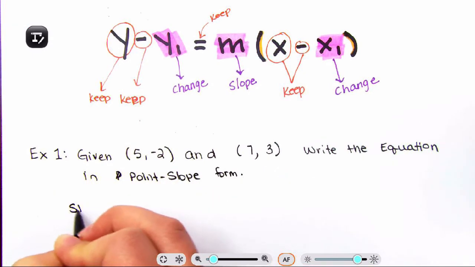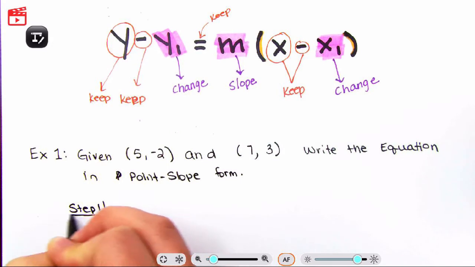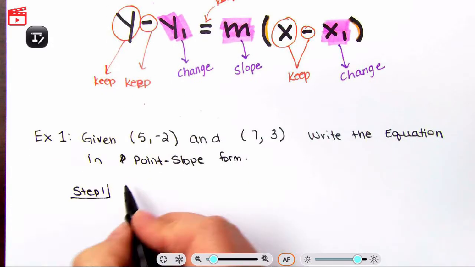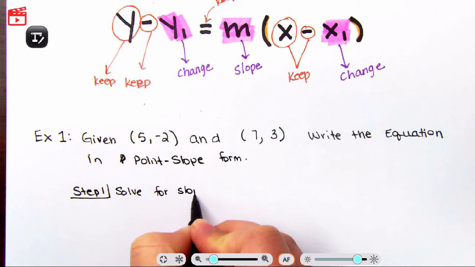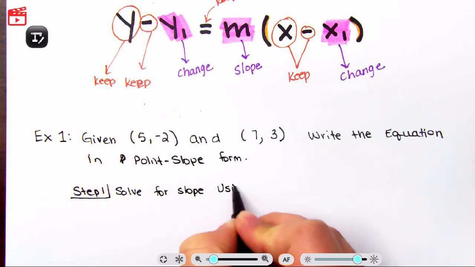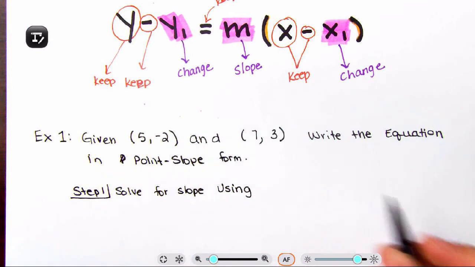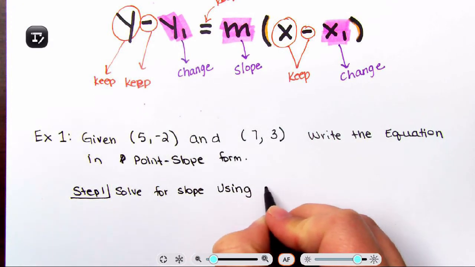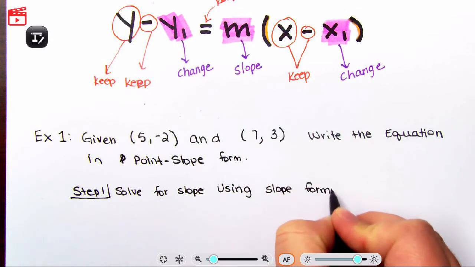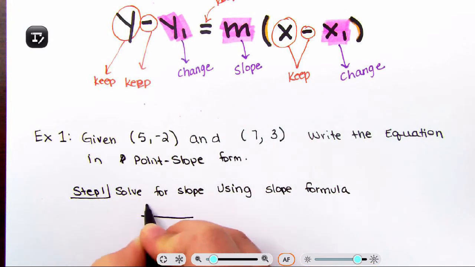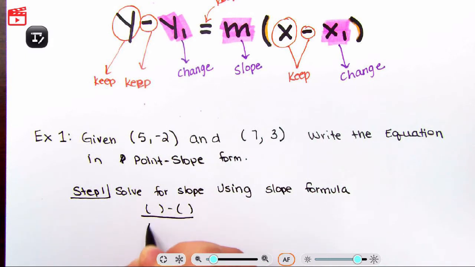So step number 1 is going to be finding out the slope. So we're going to solve for the slope using the slope formula. And that's going to be bubble minus bubble, bubble minus bubble.